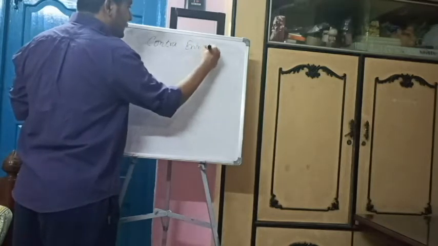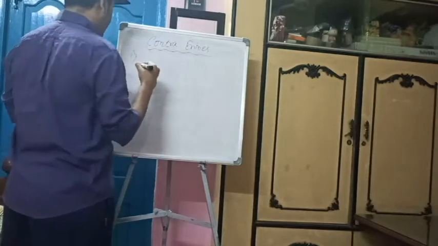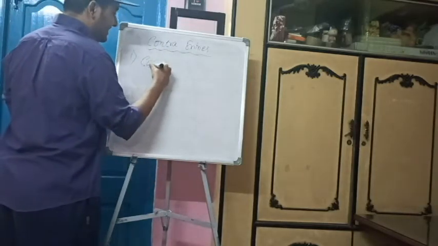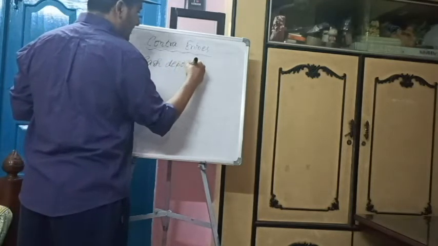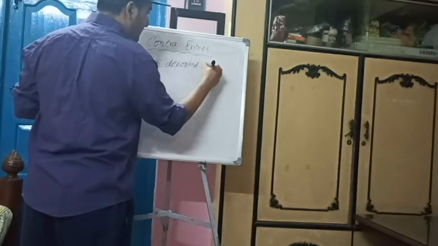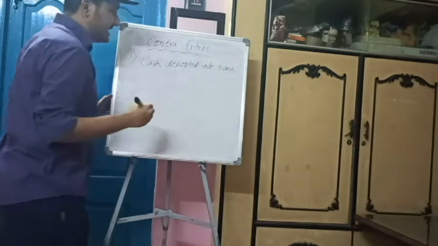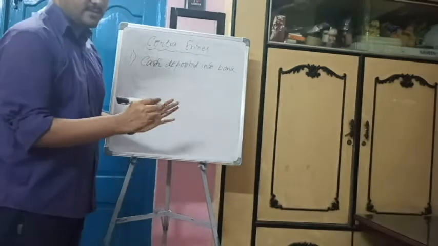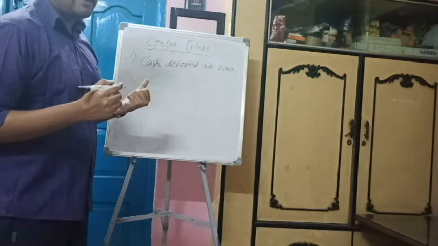Number one is cash deposited into bank. This is the first contra entry. What would be the entry? See, cash is going out and the bank is coming in.